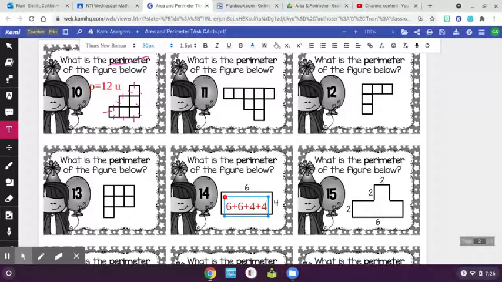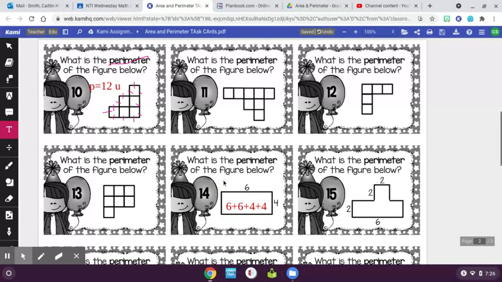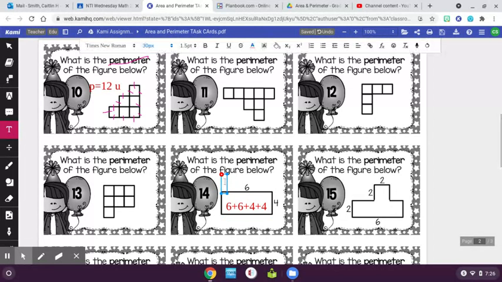So I just simply add up 6 plus 6 and 4 plus 4. Well, I know 6 plus 6 is 12, and 4 plus 4 is 8. So 12 plus 8 is 20. I believe that's correct. So I'm just going to come up here and put P equals 20 units.